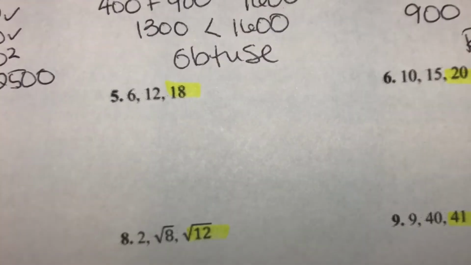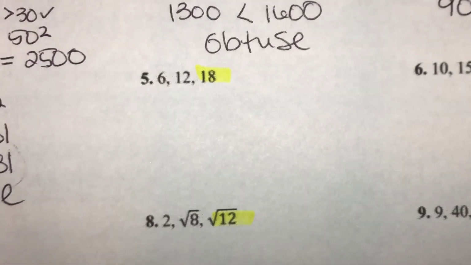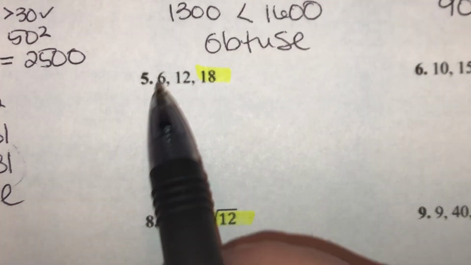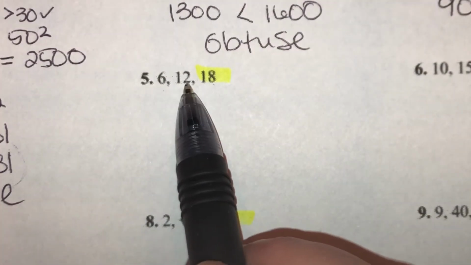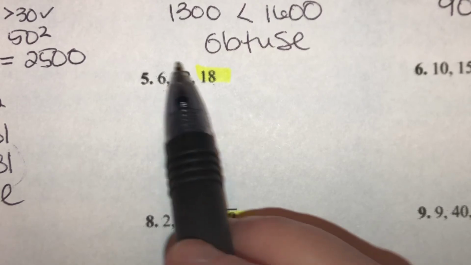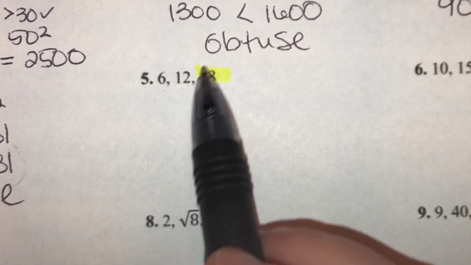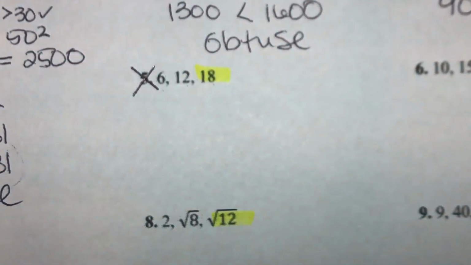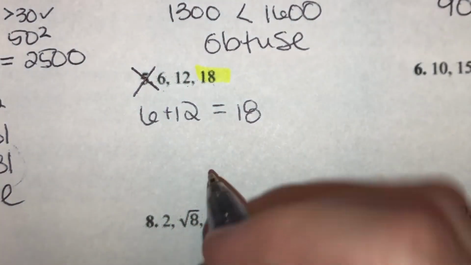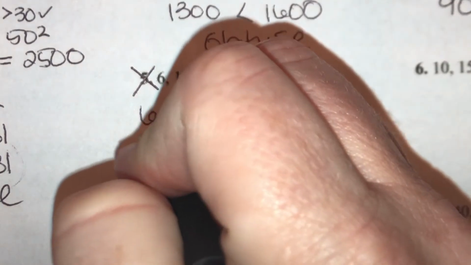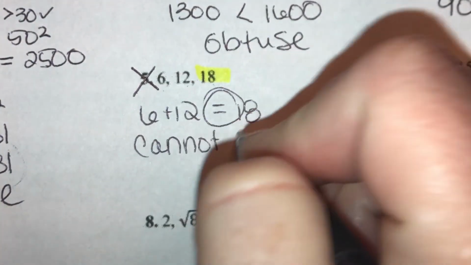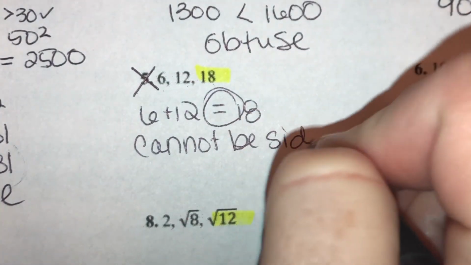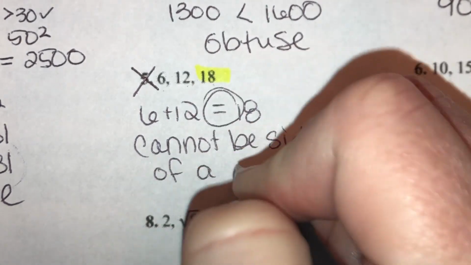Okay? Number 5. 6, 12, and 18. 6 and 12 is 18. Is 18 bigger than 18? No. So these cannot be sides of a triangle. 6 plus 12 equals 18, and because it's equal, it cannot be sides of a triangle.